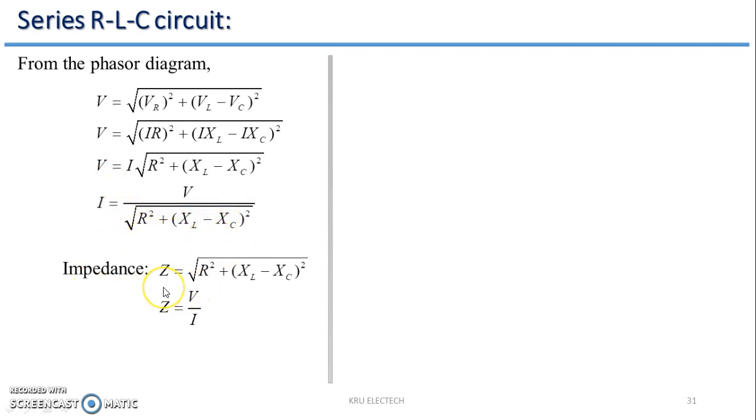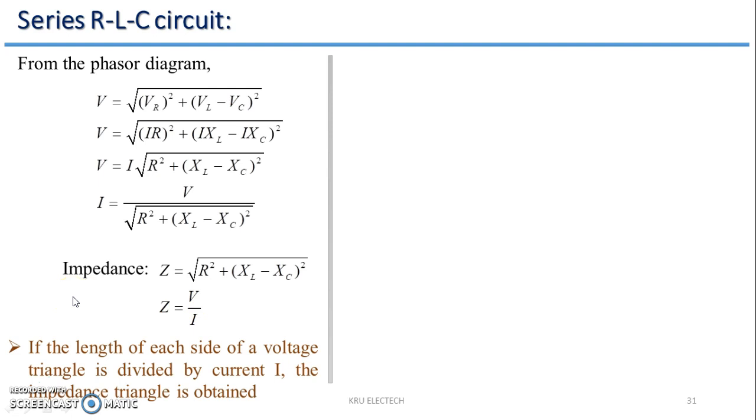Impedance Z equals the square root of R square plus the square of XL minus XC. This is the impedance Z in case of the RLC circuit with XL greater than XC. So finally, impedance Z equals V by I, or V equals IZ.